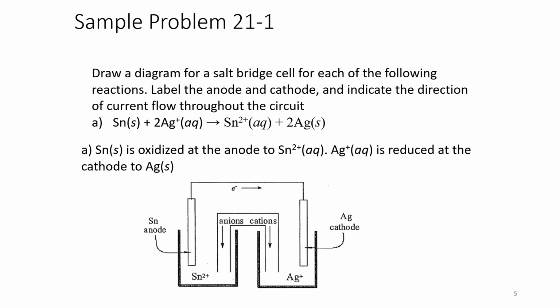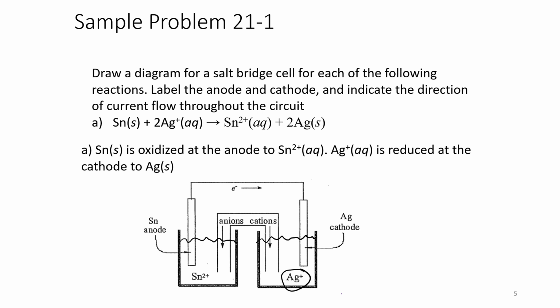We're going to have the solid piece of tin be our anode, and we're going to have our tin 2 plus in solution. And then on the other side, we've got our silver cathode, the solid piece, with some silver cations in the solution, where the reduction is taking place.